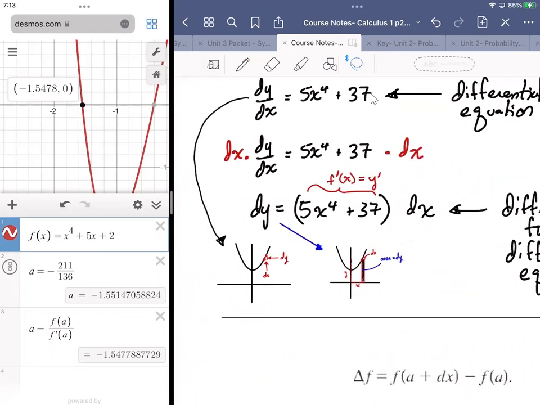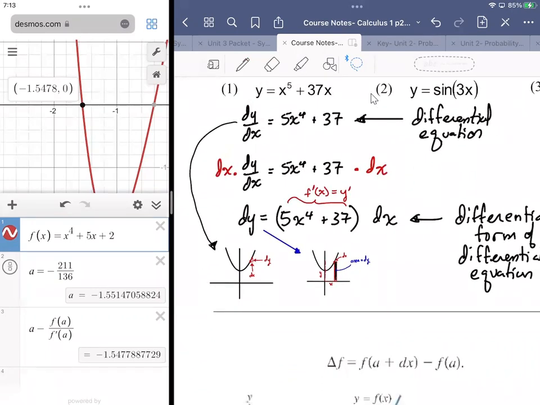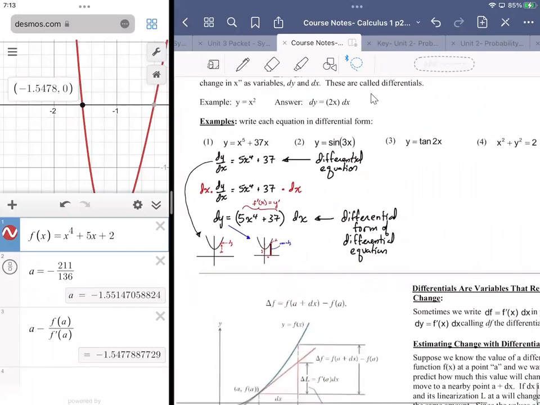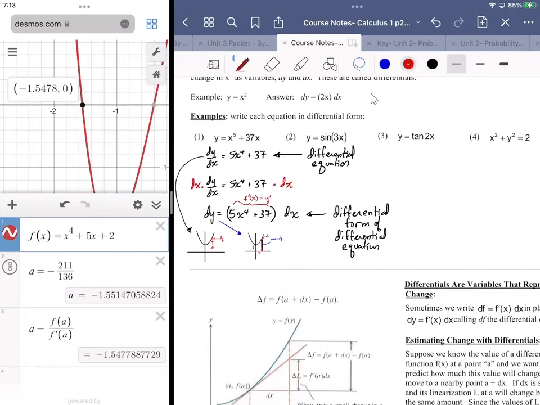Apologies for that. So the second, third, and fourth examples here, they're really just going to tell you the same thing, which is take the derivative and just slide the dx over to the other side. Like, for example, number 3, dy dx would be equal to secant squared of 2x times 2.